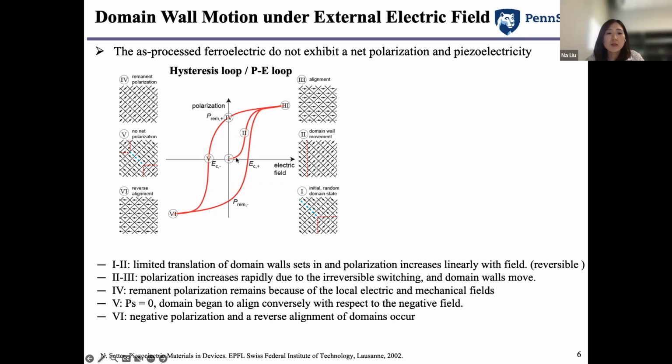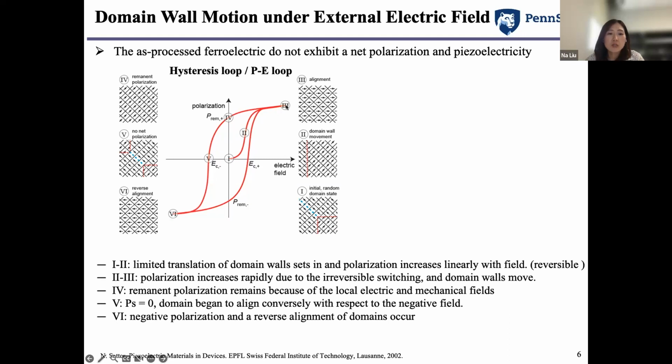By applying a small AC field, limited translation of the domain walls is seen, and polarization increases linearly with the field. By further increasing the electric field, polarization increases rapidly due to irreversible switching and domain wall motion until it reaches a saturation situation where the domains are aligned with respect to the external electric field.